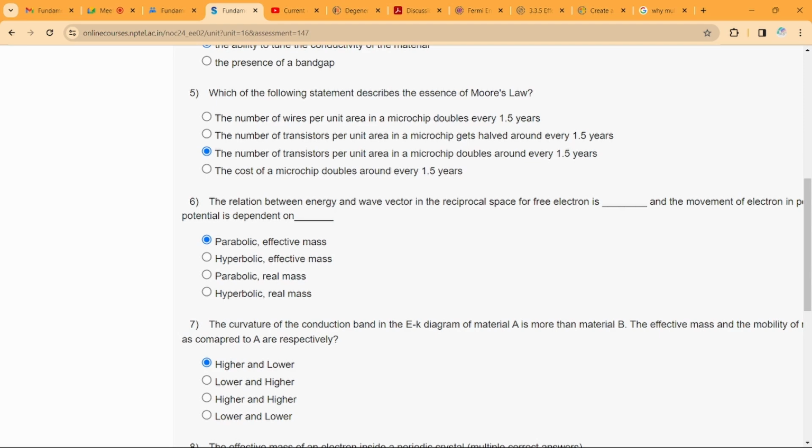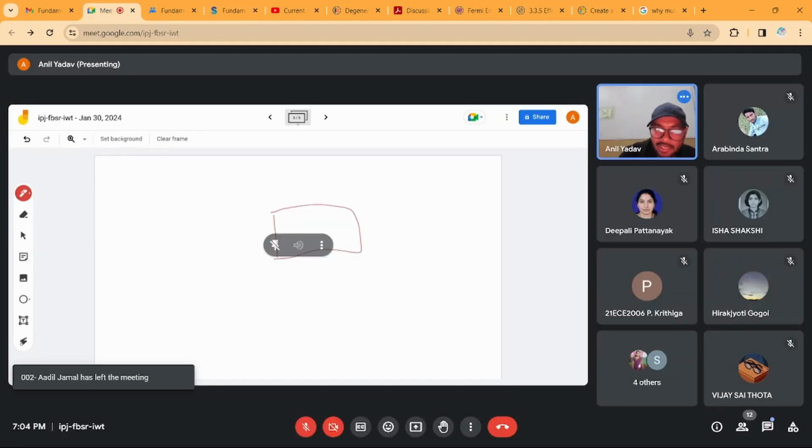The number of wires per unit area in the microchip doubles every... No. These transistors that I told you about: the source, say this is the gate terminal, and this is another gate terminal.